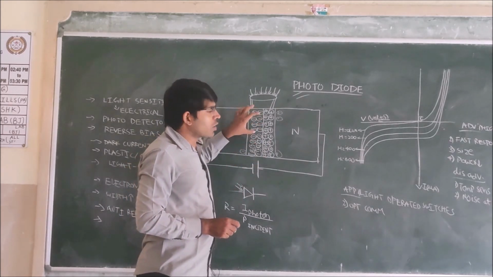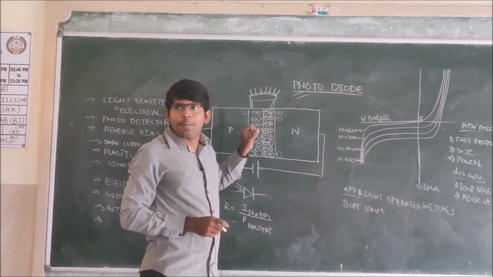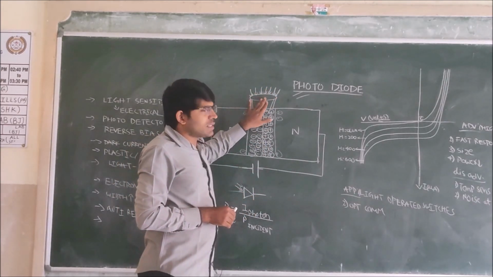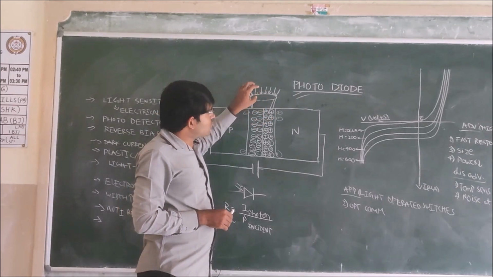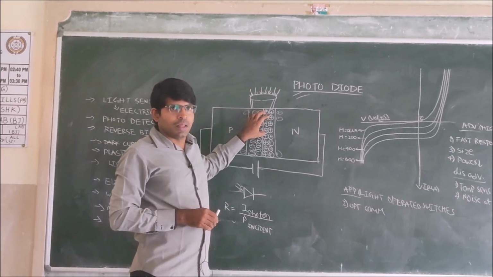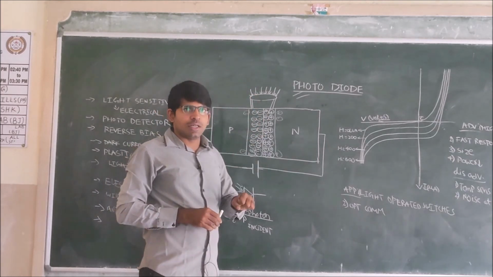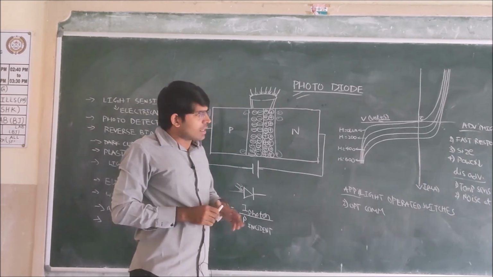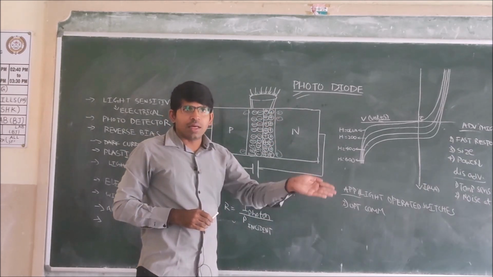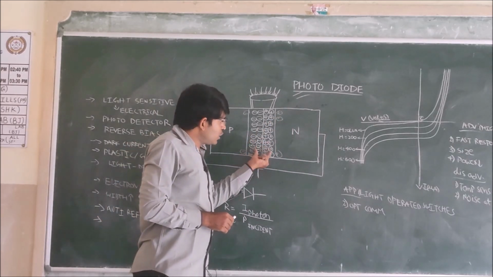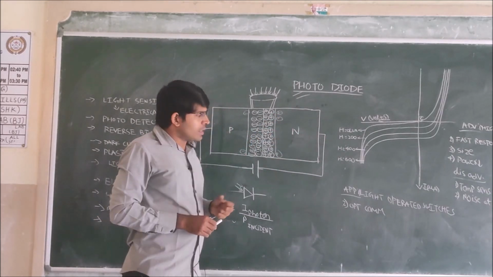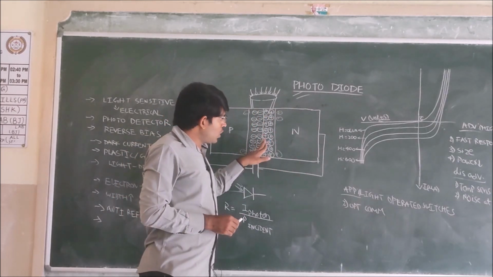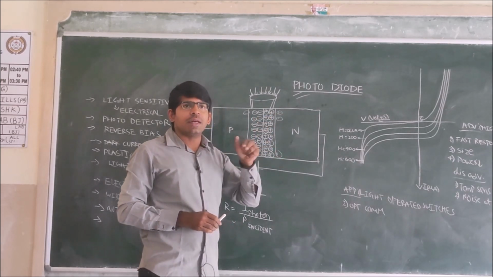We are trying to focus on this depletion region only. This is a lens. By using this lens, some light is falling on this depletion region. When light falls on this depletion region, by taking this light energy, electrons in the covalent bonds come out. This is an insulator region. There are no free charge carriers in this region because only immobile ions are there.